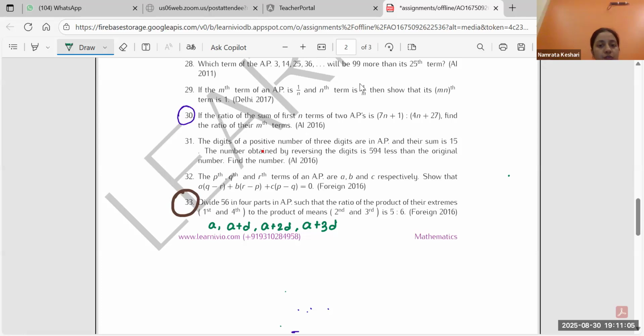These are the four terms which are in AP, and all added together is 56. Why? Because it says divide 56 in four parts.